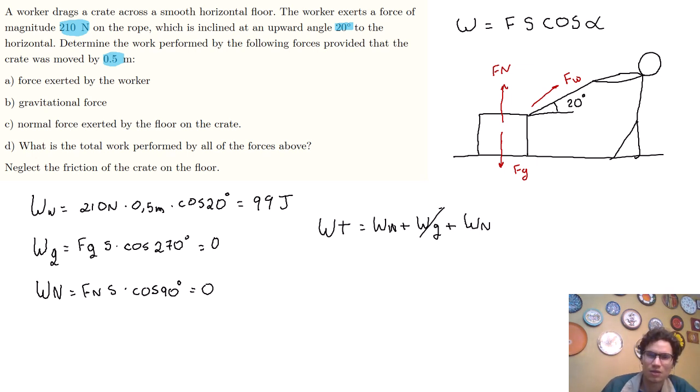And these ones are 0, because the total work is equal to the sum of all the works. So that will be equal to the work done by the worker, and we know that is equal to 99 joules. And that's all the problem.